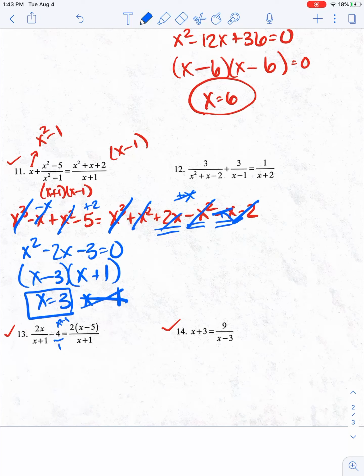I'm going to give him an x plus 1. The only reason I wanted to do this one is because it has a shark. So I have 2x, and then I have minus x minus 1. And that's the kicker, so make sure you're good there. Equals 2x minus 10. The two x's are going to cancel each other out. I'm going to add the 1 over, so I get negative x equals negative 9.